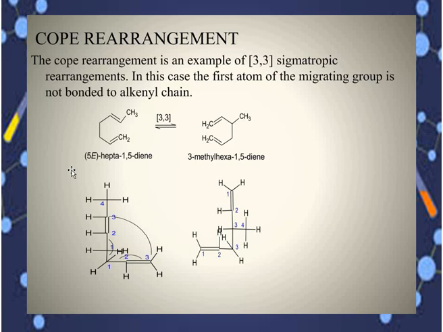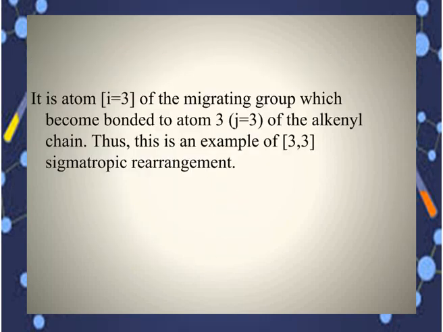You can see the 5E-hepta-1,5-diene converted to 3-methyl-hexa-1,5-diene. So this 3-3 shifting is important here. In demonstration you can look at here, this 3 hydrogen is transferred to the position of the another 3. So this is the 3-3 sigmatropic, and generally we are saying this is the Cope rearrangement.